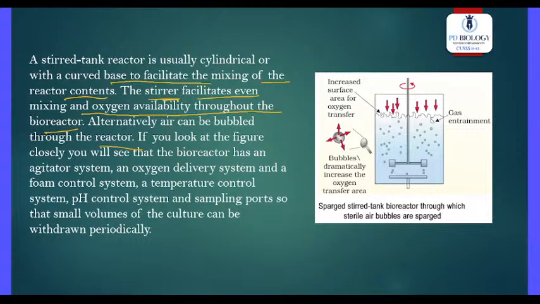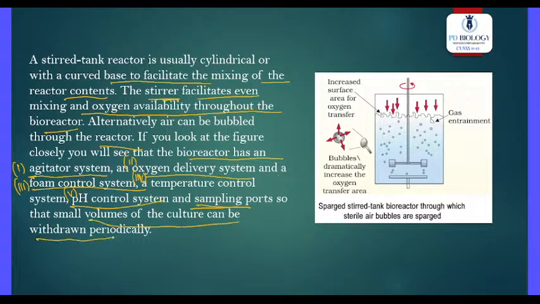If you look at the figure closely, the bioreactor has an agitator system, an oxygen delivery system, a foam control system, a temperature control system, a pH control system, and sampling ports so that a small volume of the culture can be withdrawn periodically.